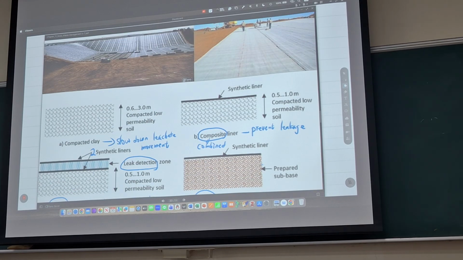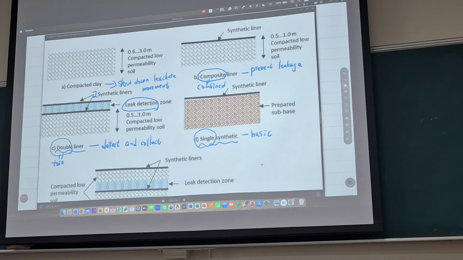Okay, let me summarize this. So, compact layer, this is a natural barrier. But slower and less reliable.